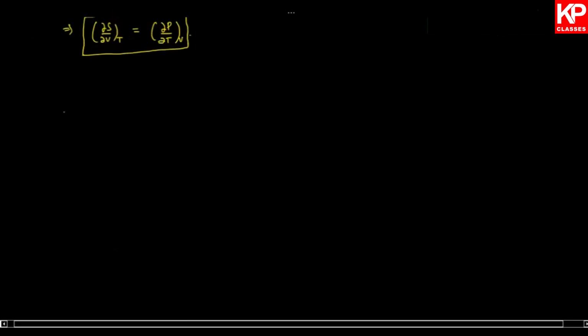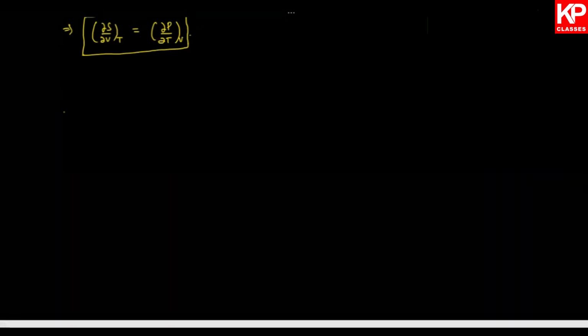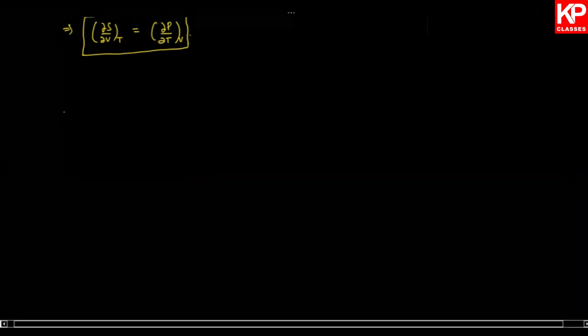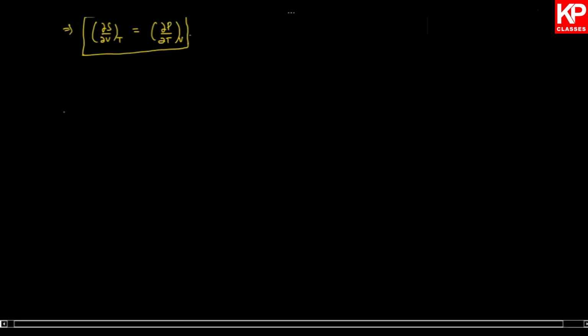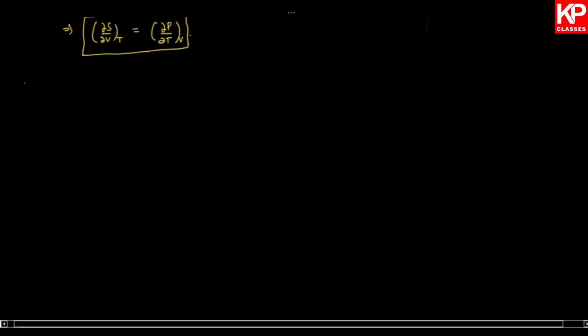Questions are mainly asked from the Maxwell relations. They will give you different relations and tell you it is equal to which particular relation. There will be only one correct answer, and mainly they will give you wrong answers. Instead of deriving, how you have to get the exact answer in the first go is what I'm going to give you in the short trick over here. So make sure you remember that.